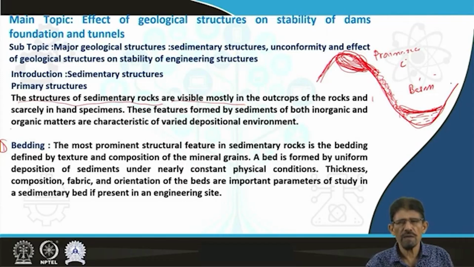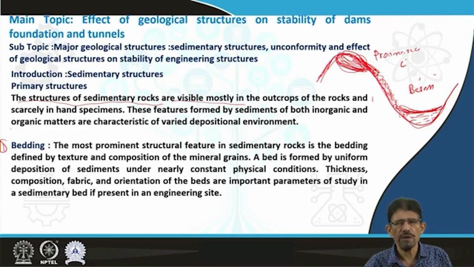Based on processes, we can say that the sedimentary rocks can form by two processes, mechanical process and chemical or biochemical process. The rocks as well as structures formed by mechanical or physical process are recognized as clastic sedimentary structures.